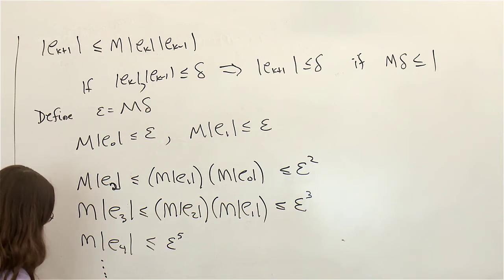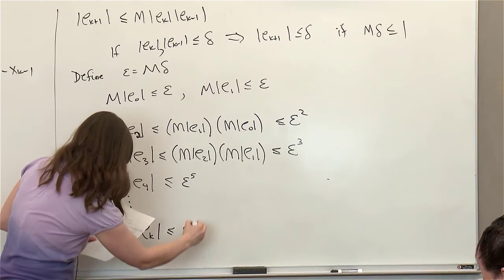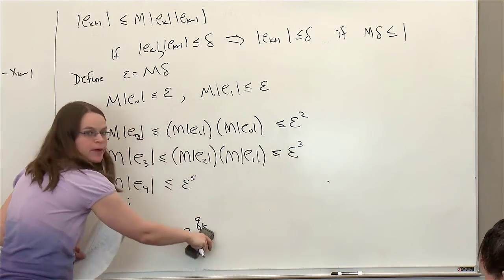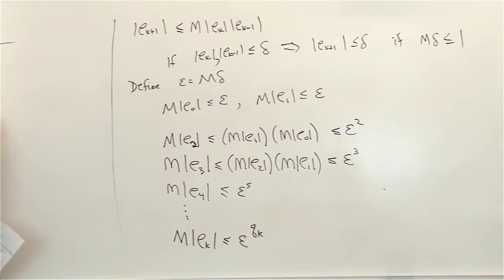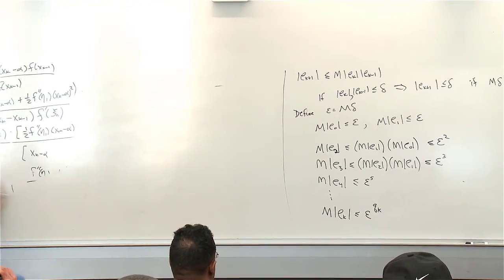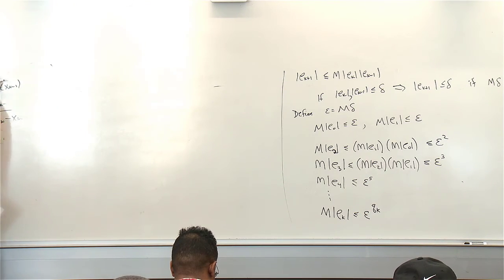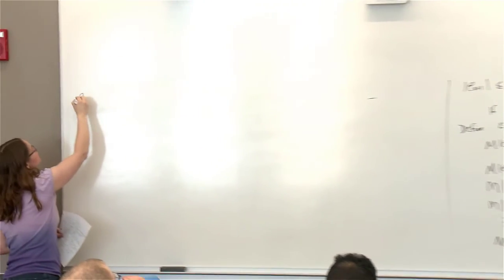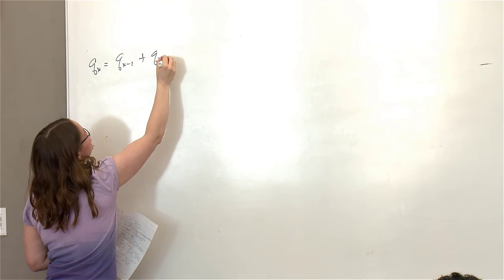Okay, so in general, if we say that m e_k is less than or equal to epsilon to some power that depends on k, we figure out this power by adding up the previous two exponents. So what numbers are we going to get as our exponents? Do you recognize them? Fibonacci sequence, exactly. So here, q_k is equal to q_{k-1} plus q_{k-2}.